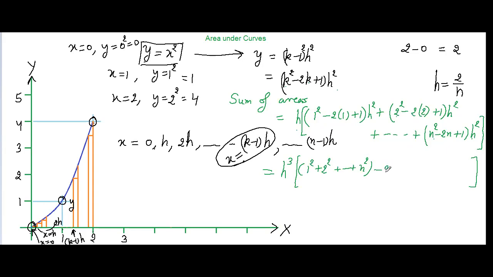Minus 2 is common among them, so we are taking minus 2 common. We are left with the sum 1 plus 2 plus up to n. Plus now 1 plus 1 plus and so on 1. How many ones are there? They are n in number. They are the same constant values. So I write here n terms.